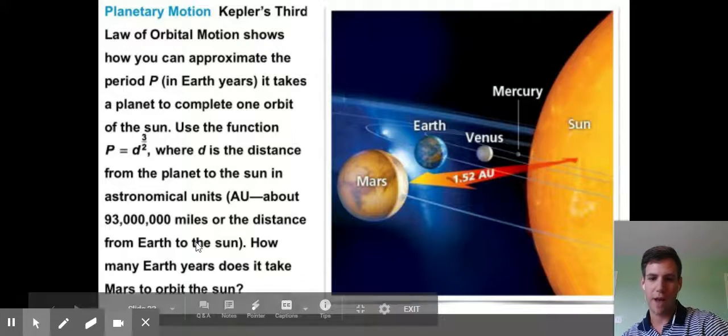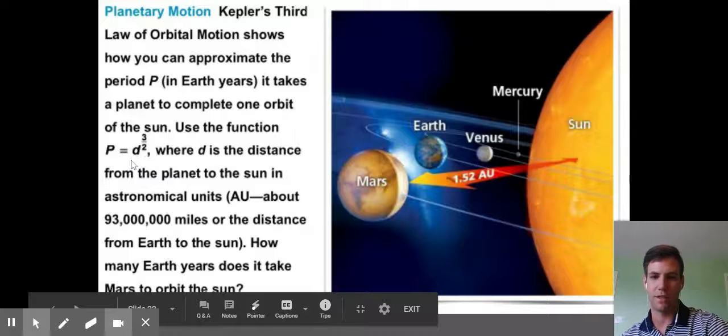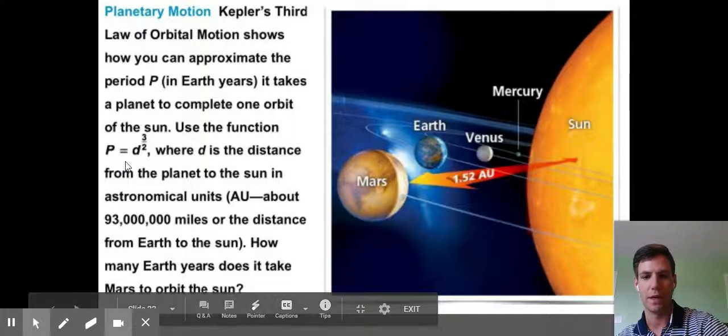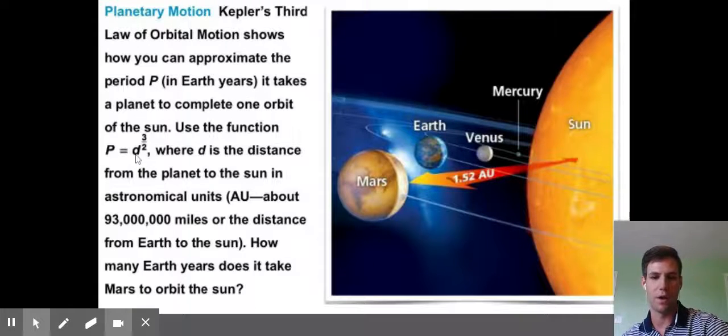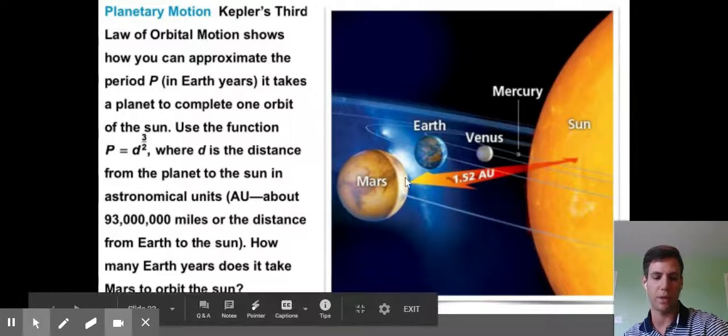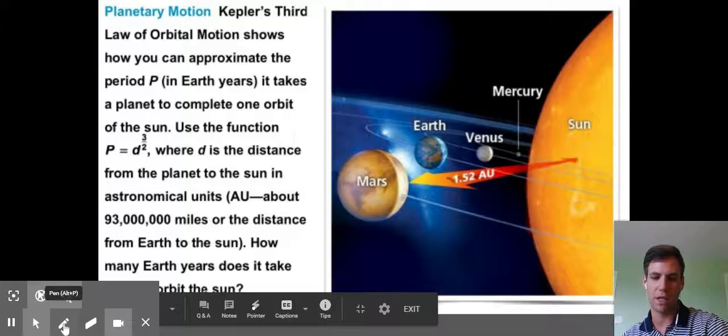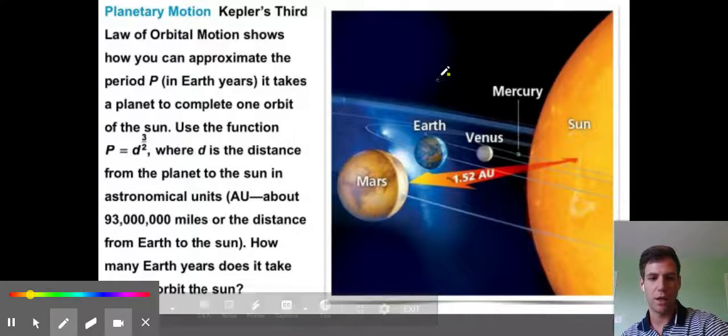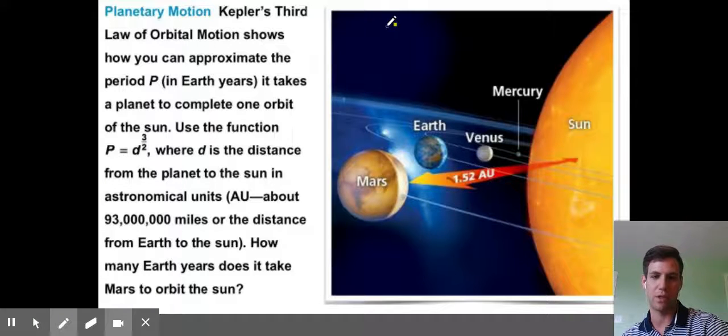So if I'm trying to find the period P, I need to use the D part for the astronomical units. So as an application of what we're working on here, you would take the astronomical units, 1.52, and you would raise that to the power of 3 halves.